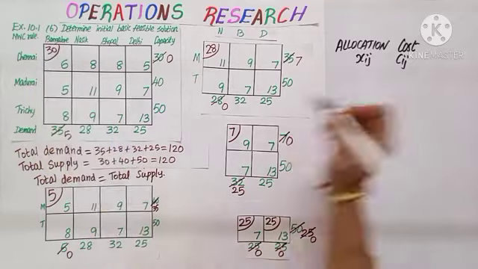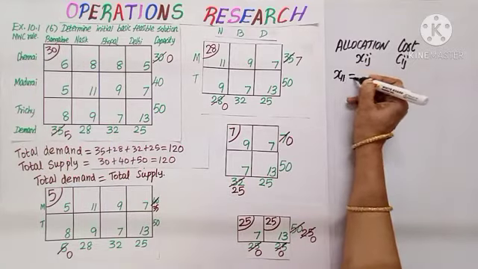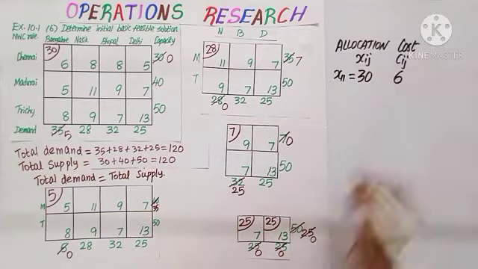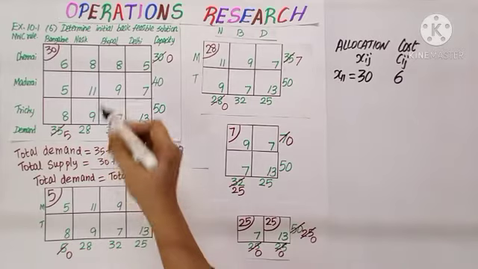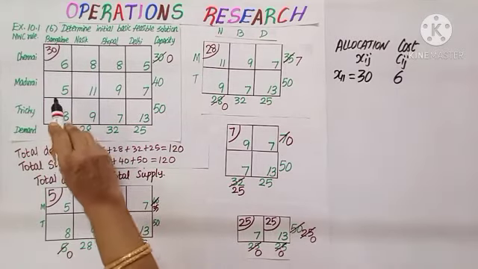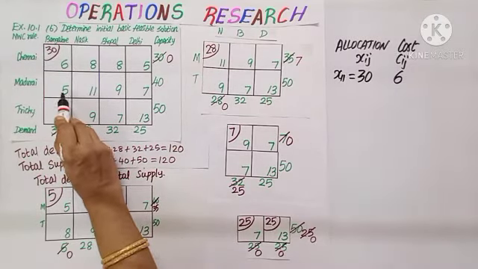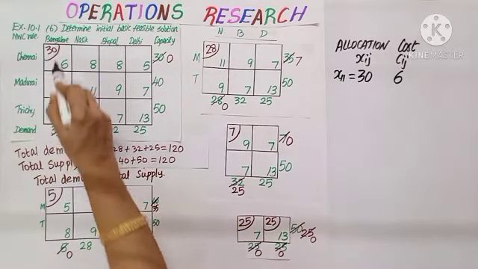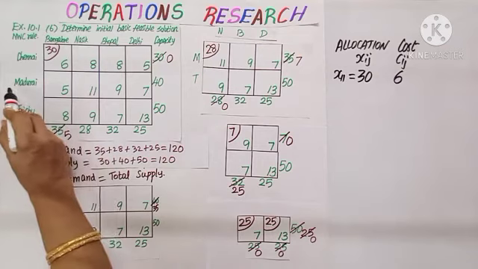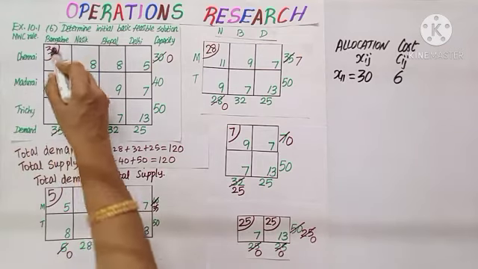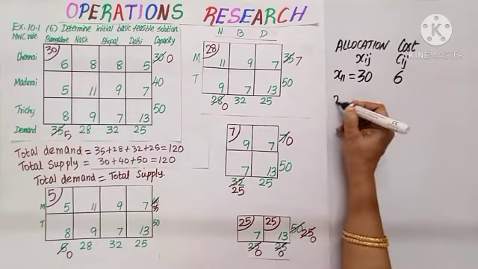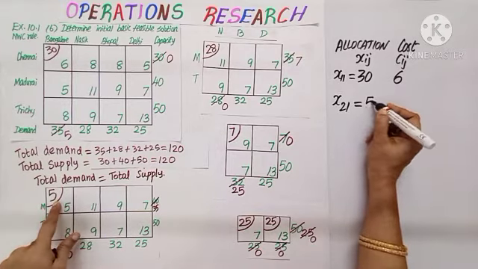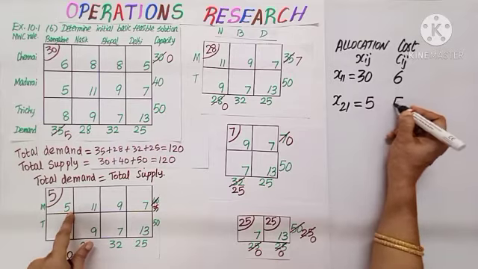So it is X11. X11 is 30 and the cost is 6. The next one, 5 we have allocated. So it is Madurai to Bangalore. So I will say second row, first column, X21, that is 5 allocated, cost is 5.